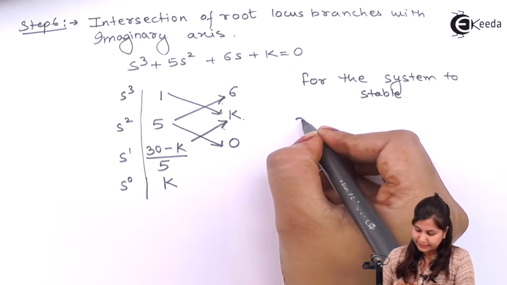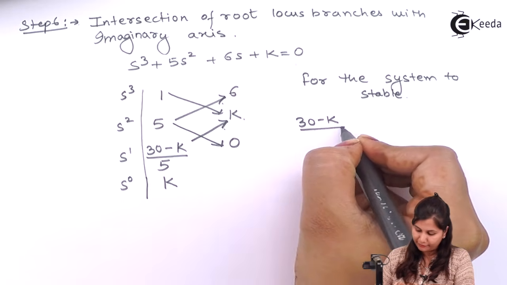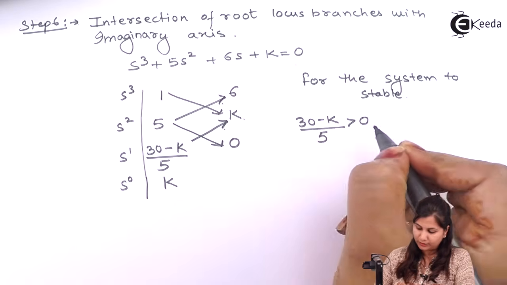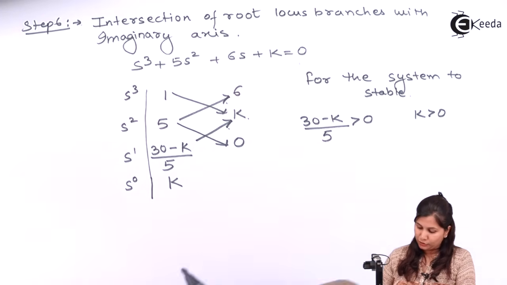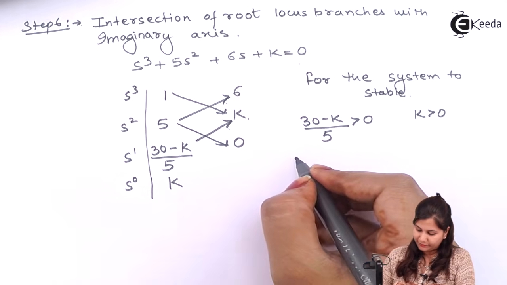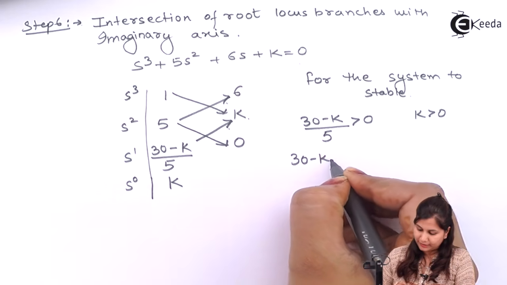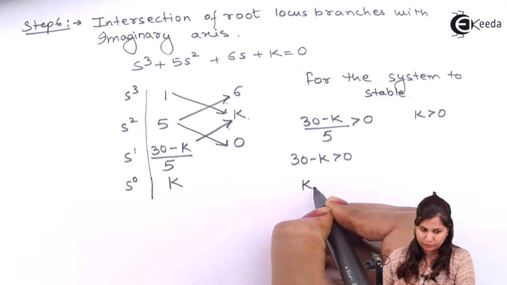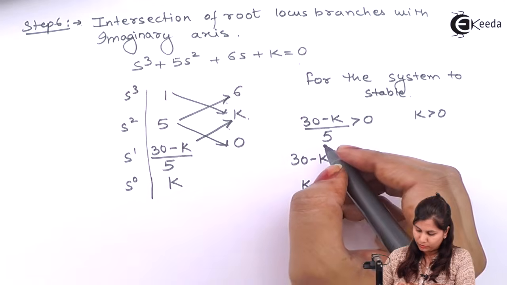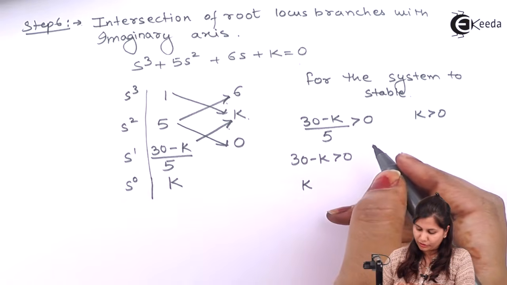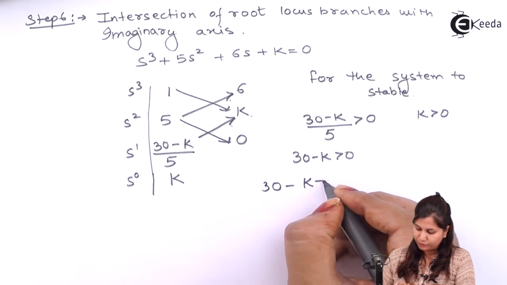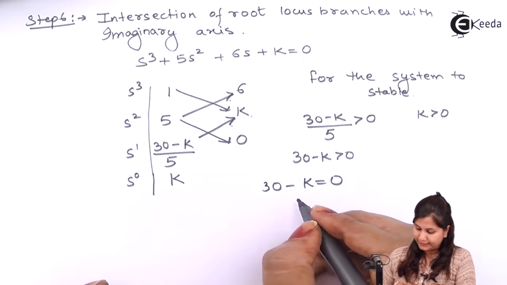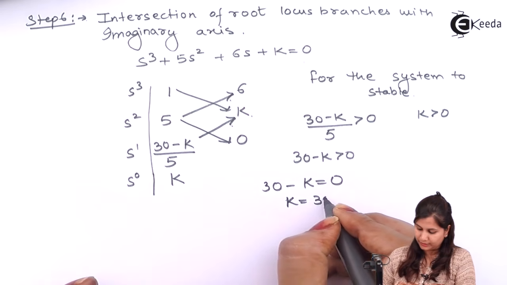So (30 minus k) upon 5 should be greater than 0, and k should be greater than 0. So from here we get 30 minus k greater than 0. So k should be greater than 0, or equal to 0. So 30 minus k should be 0, that is k equals 30.